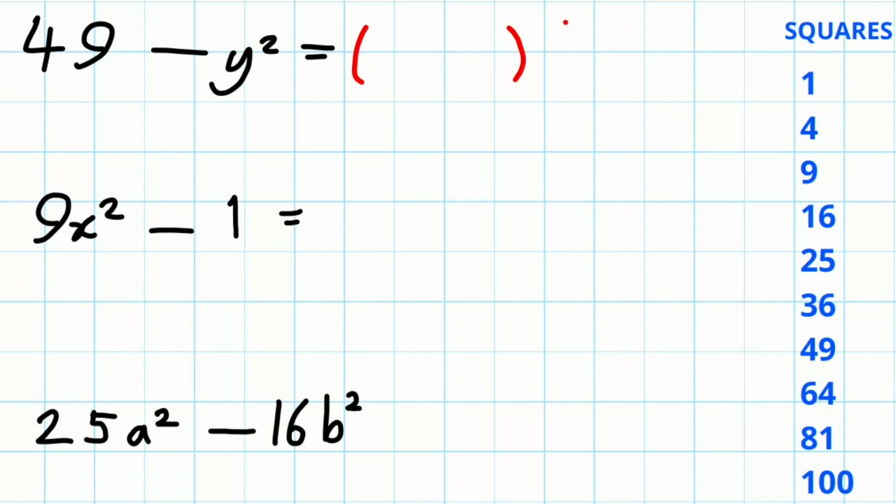So we write two brackets, and at the beginning of each bracket we put the square root of 49, which is 7. Then we look at what you square to get y squared. That would be y, and we put those at the ends of the brackets. And finally, in one of the brackets we put a minus, and in the other one we put a plus. It doesn't matter which way round we put the minus and the plus. It could have been (7 plus y)(7 minus y).